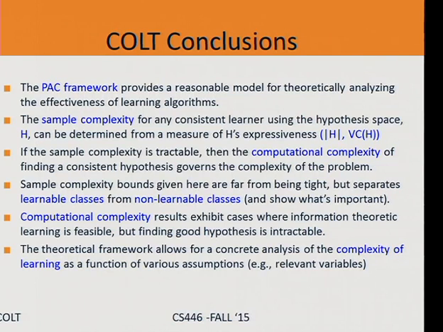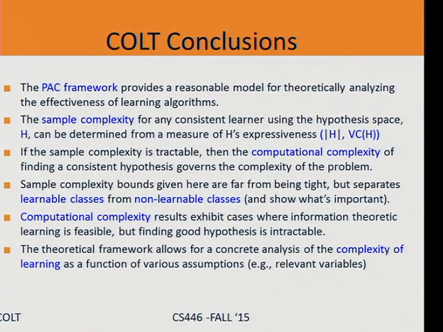In the case sample complexity is tractable, we need to look at the computational complexity of finding a consistent hypothesis, or, as we relax it later, a good enough hypothesis in the agnostic case.